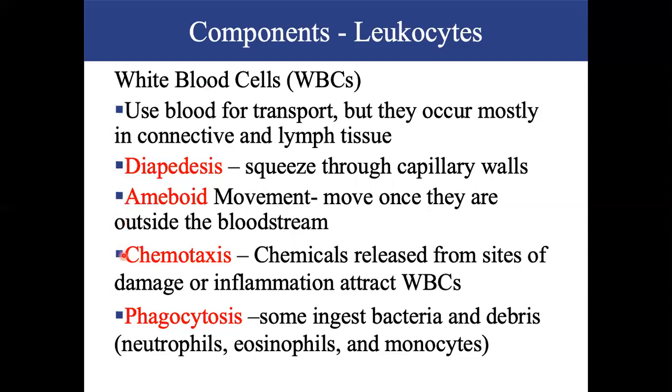They use chemotaxis, so chemicals released from a damaged or inflamed site attract the white blood cells. They're going to use that chemical trail. And they go through phagocytosis, or they're phagocytes. So some of them will actually ingest bacteria and debris, like neutrophils. Neutrophils are predatory. They'll go and search out bacteria and eat them. Eosinophils will go and search out parasites and eat them.